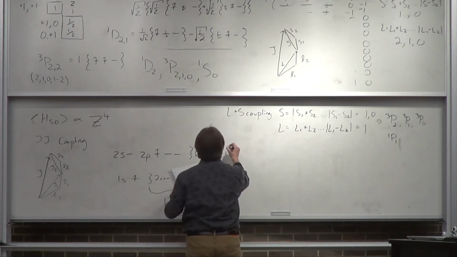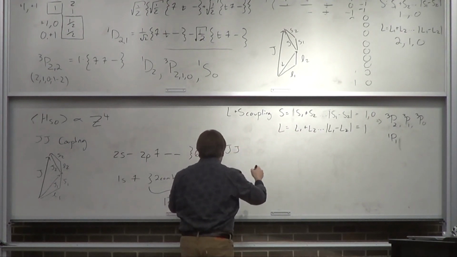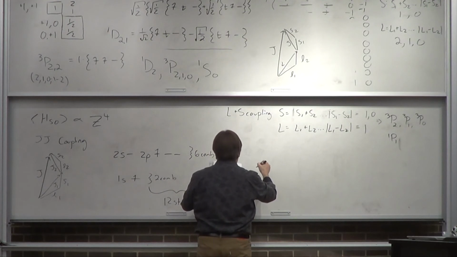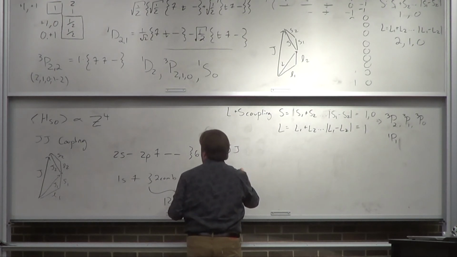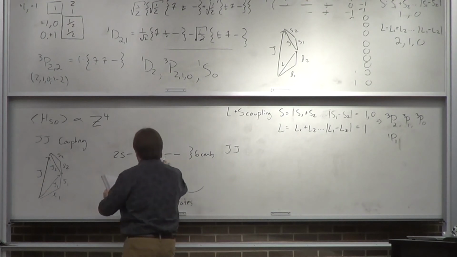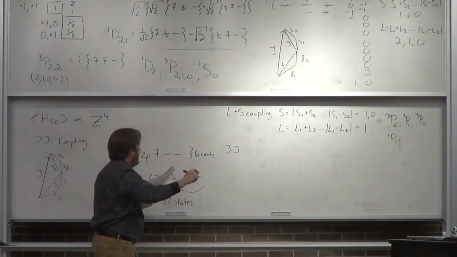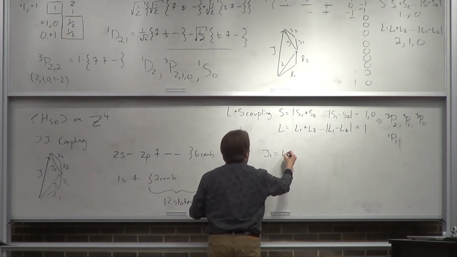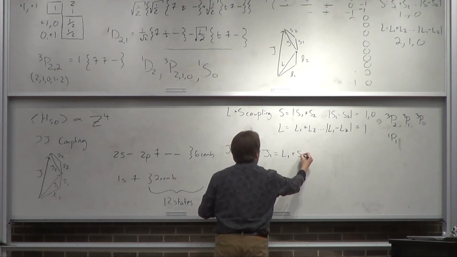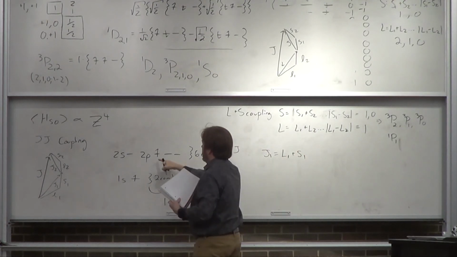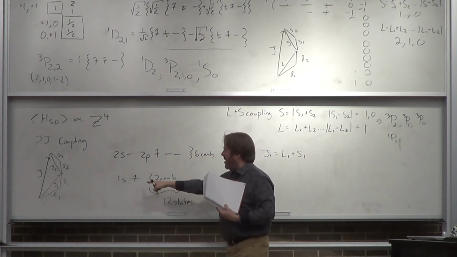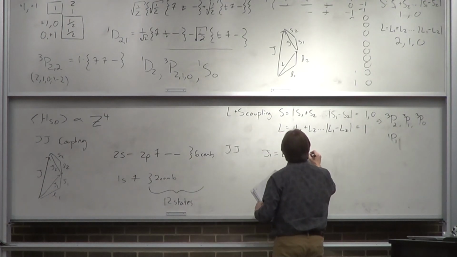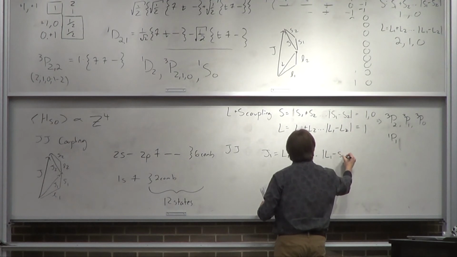All right, but now let's do JJ coupling. Let's look at this one first. In this case, J1 is going to be L1 plus S1, if we call that the first electron, to L1 minus S1.